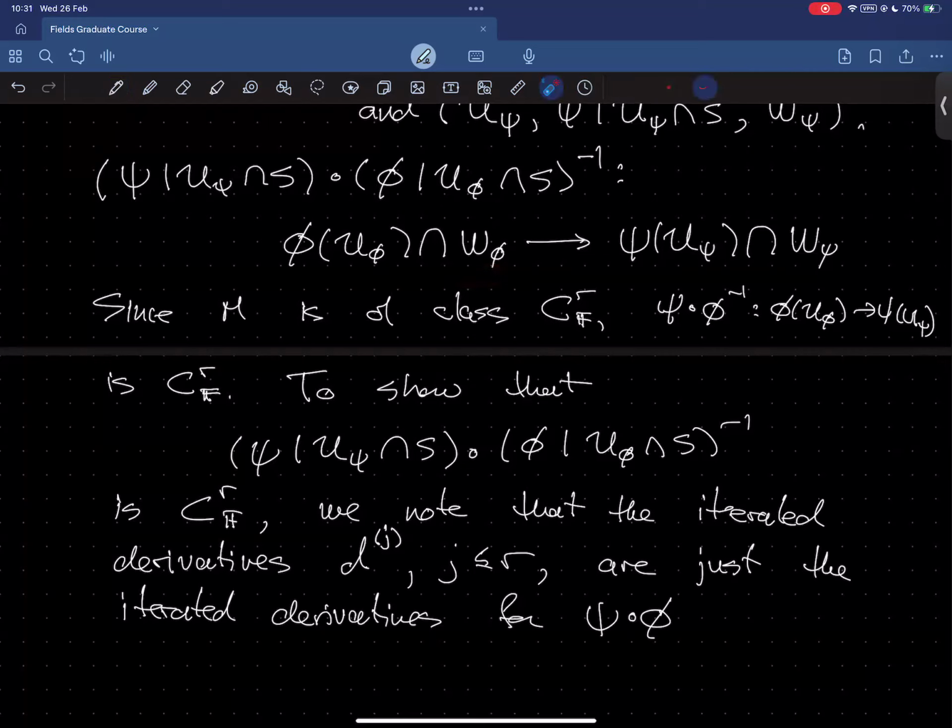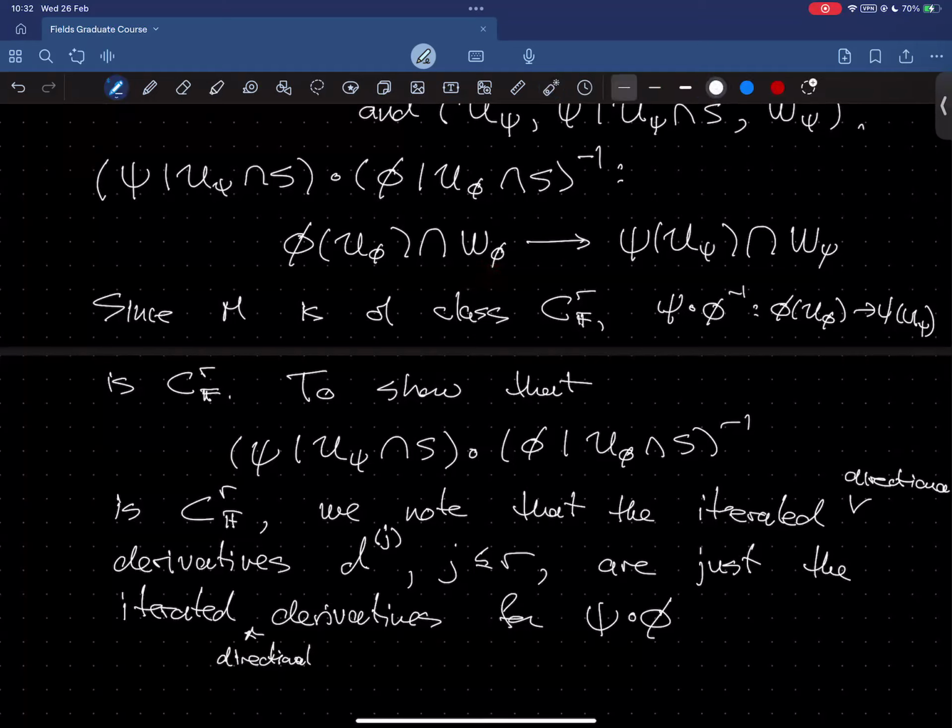Remember that when we calculate these directional derivatives, and I should say directional because that makes it a little bit clearer, you take a directional derivative of a curve, and you just restrict yourself to curves that lie in W phi.